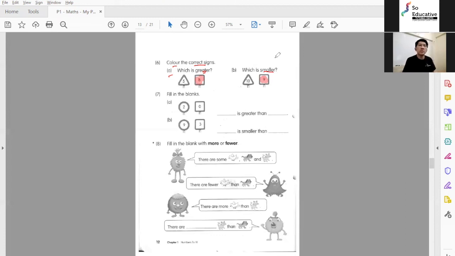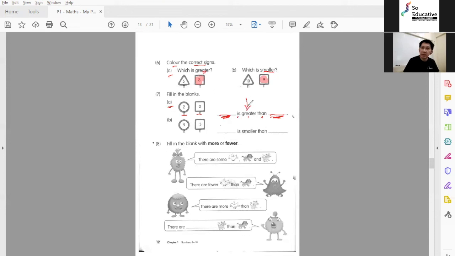All right, moving on to number 7. Number 7, let's read the question carefully. Fill in the blanks. 7A. You can see here 2 and 0. So the question is asking you, which one is greater than which one? From these two numbers, which one is greater than which one?